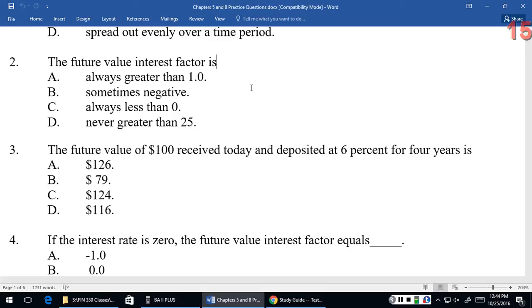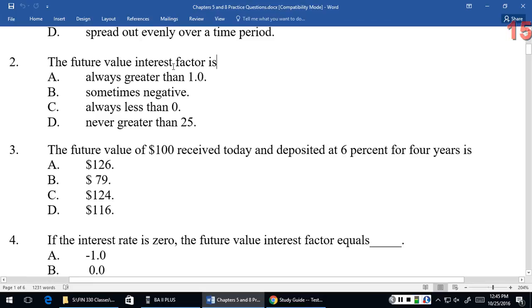If, for example, you had a 0% interest rate, then it wouldn't be greater than 1. It will be equal to 1. If you had a negative interest rate, which up until the last 2 or 3 years nobody really factored in, but we have been shown to have negative interest rates on some investments, then it would not be more than 1. But the best answer is always greater than 1.